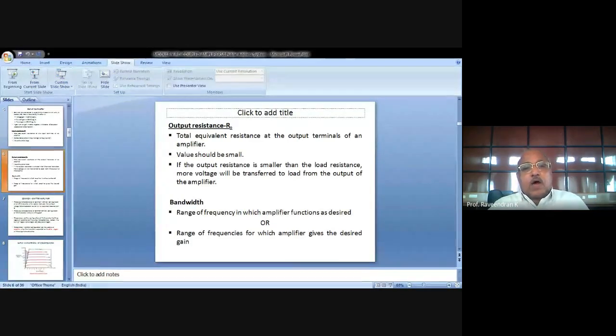So if the output resistance is smaller than the load resistance, more signal voltage will be transferred to the load as the output of the amplifier.